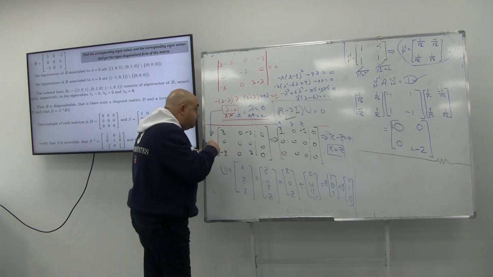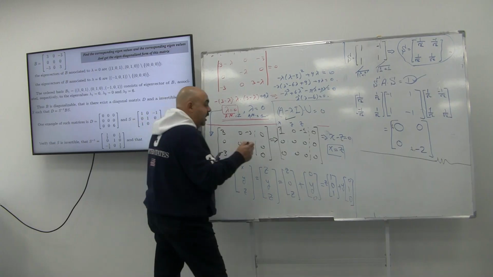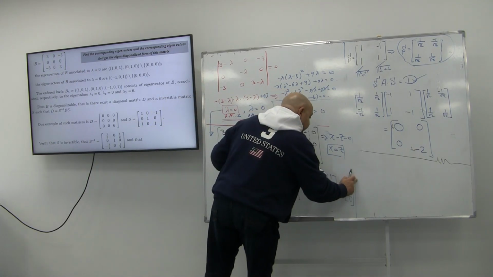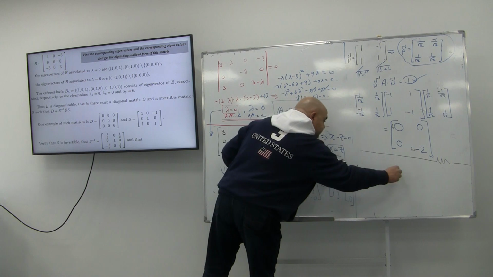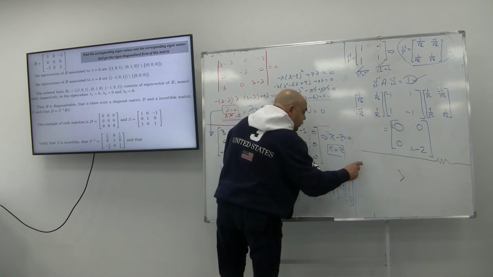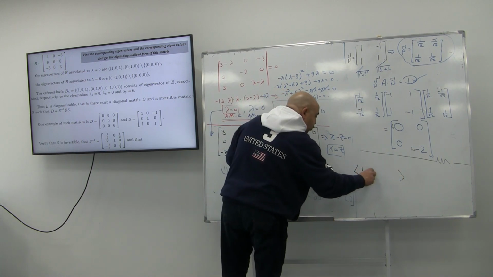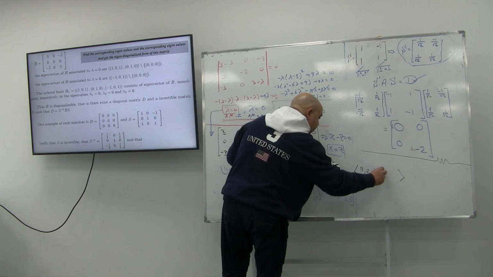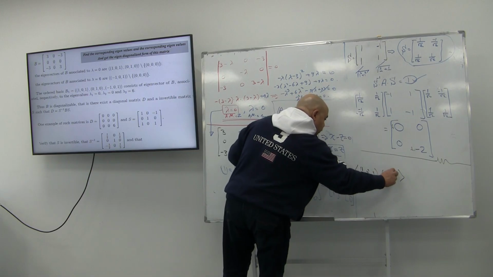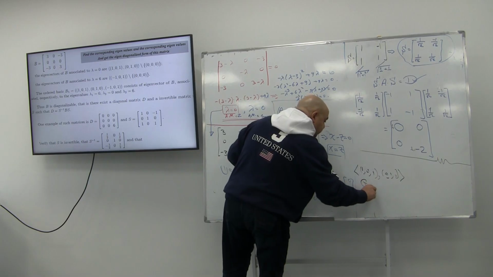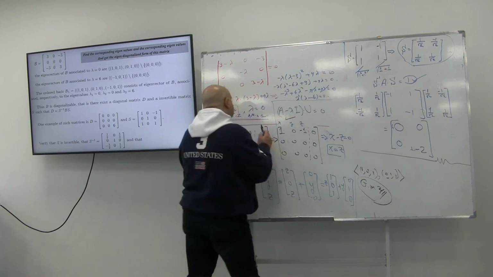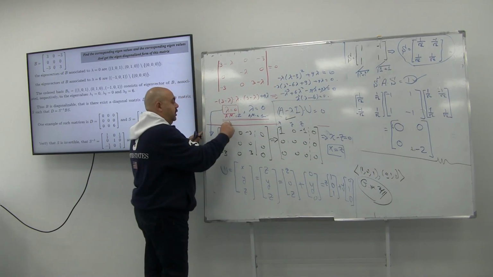Remark that the span of this eigenvector, or the eigenspace, now it's going to be 1, 0, and 1, and the other vector, which is 0, 1, and 0, with a geometric multiplicity of 2. Remark that this is done for lambda equal to 0.